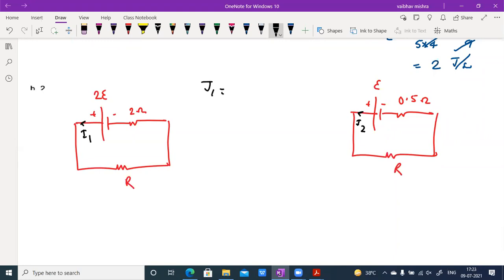It's given in the question that J1 is 2.25 times J2.